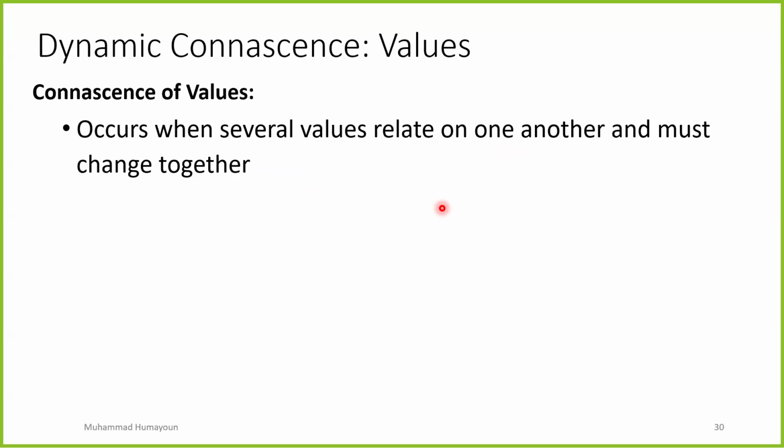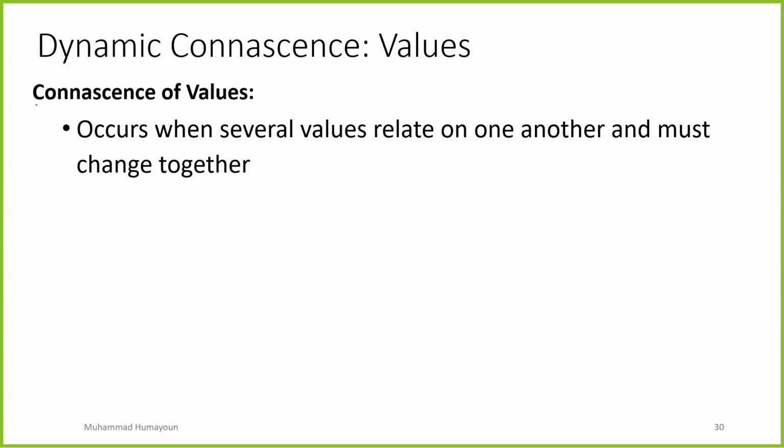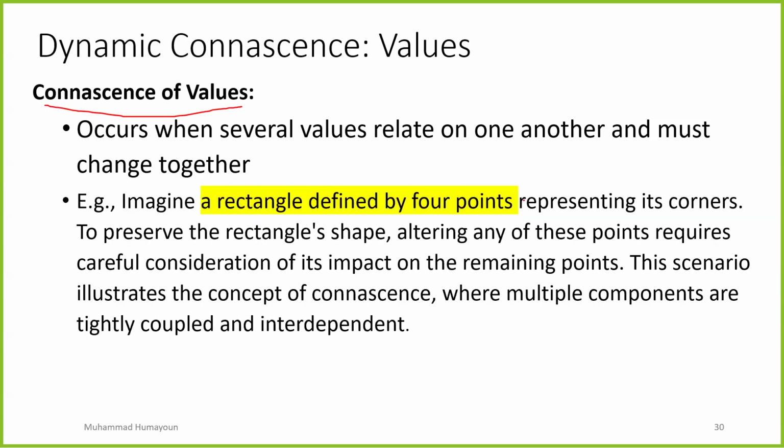Whatever value you change in one database, so one is the main database and the other ones are just shadows, so that if the main database has some problem and you can't connect with it, then the second database will take over so that there is no delay in our system. So in that case, whatever changes happen in database one must happen in database two also. In that kind of situation, consistency of values is really important. So this is one example.